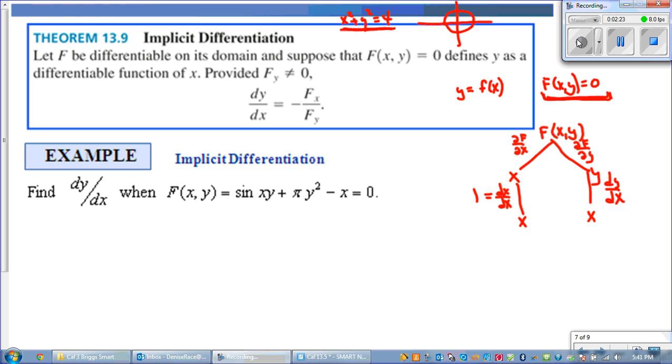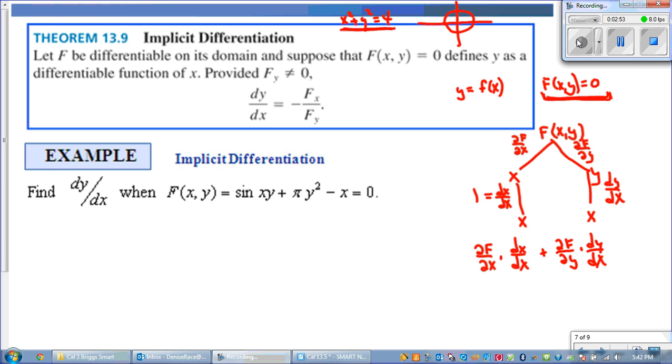So our chain rule: the partial of f with respect to x times the derivative of x with respect to x, plus the partial of f with respect to y times dy/dx.